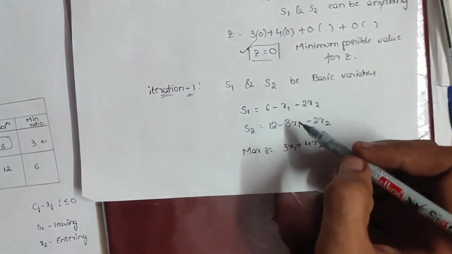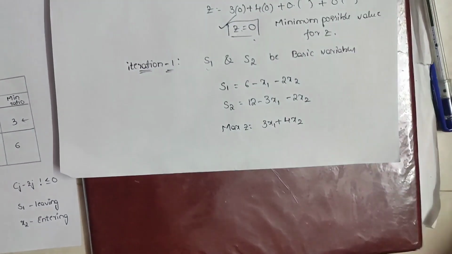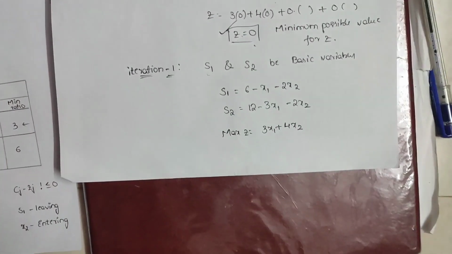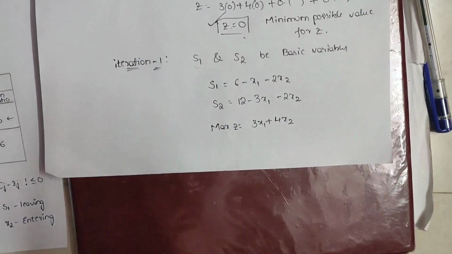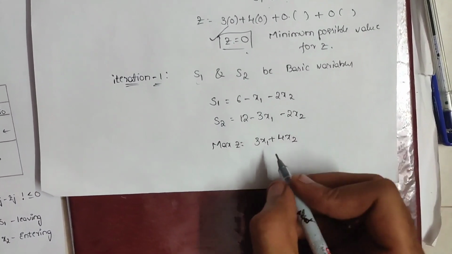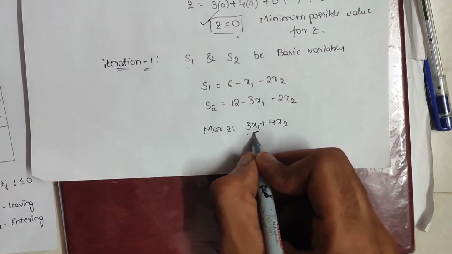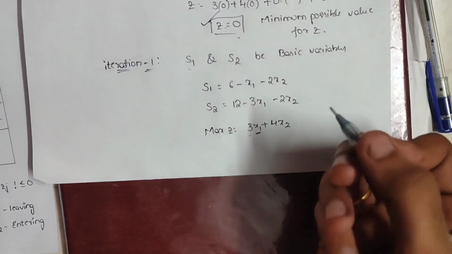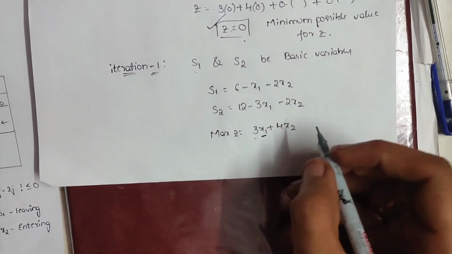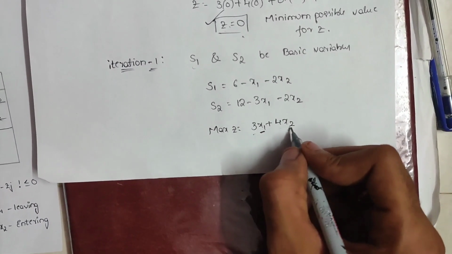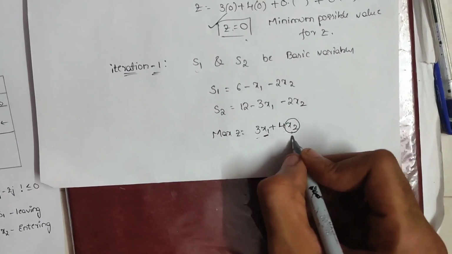As we know, the minimum possible value of z is 0. Let us try to increase the value of z from 0. Increasing the value of z will be 3 times if we increase x1, and 4 times if we increase the value of x2.